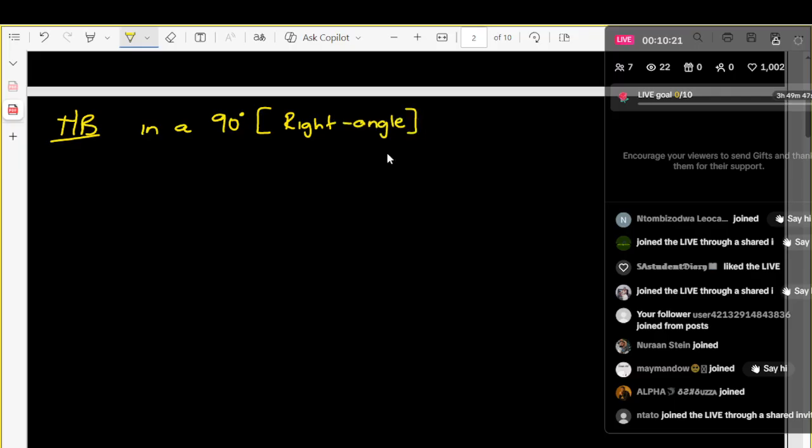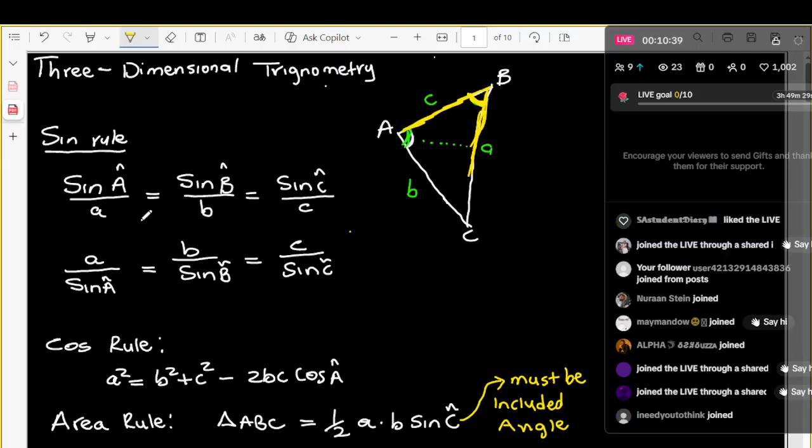So in a right angle triangle, listen, we do not use any of these formulas. If you are given a right angle triangle, please do not use any of these formulas, please guys.